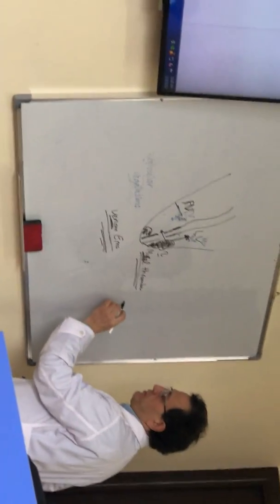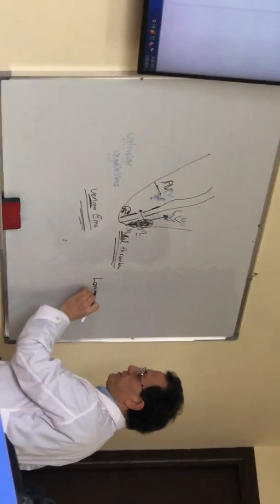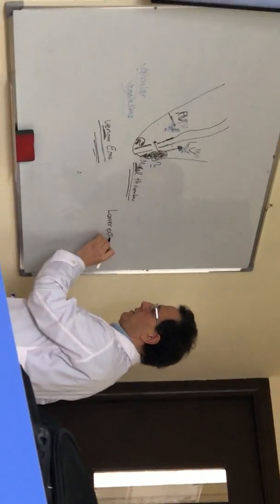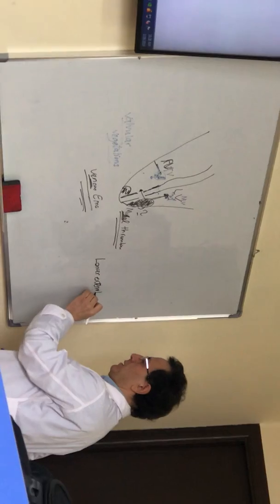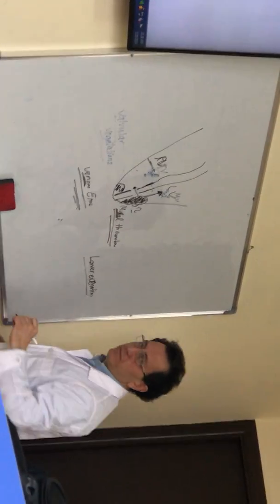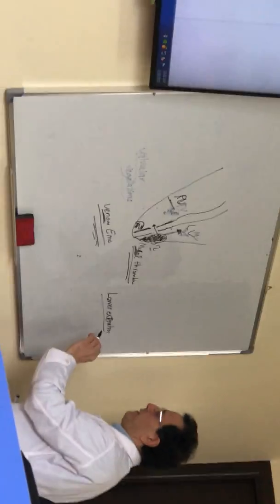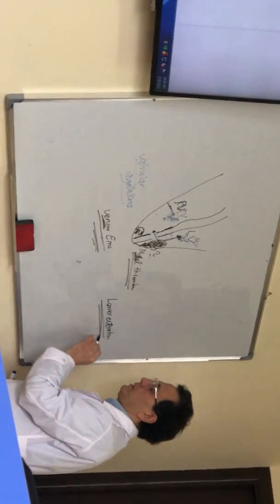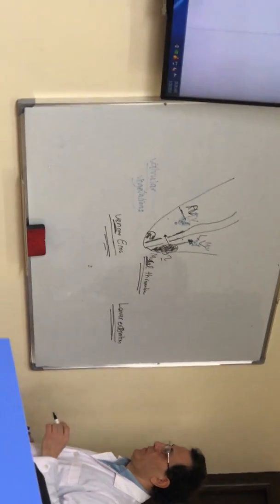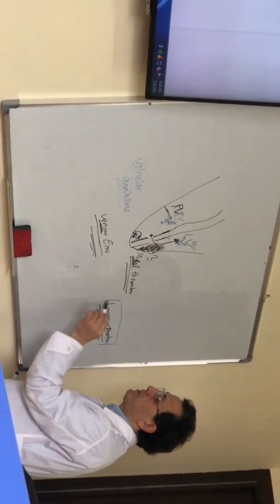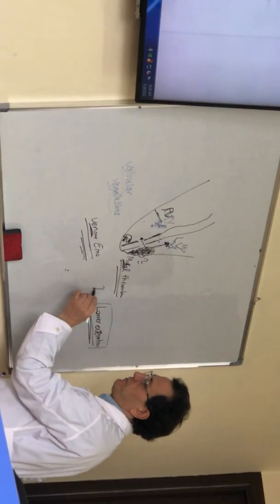The most common area is the lower extremity. So again, the legs are the most common areas where arterial or systemic thromboembolism is seen, 75%.